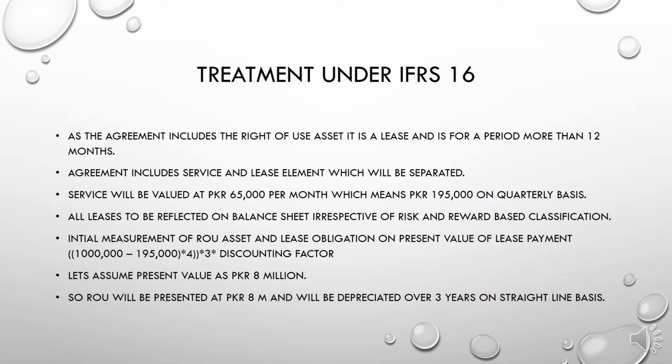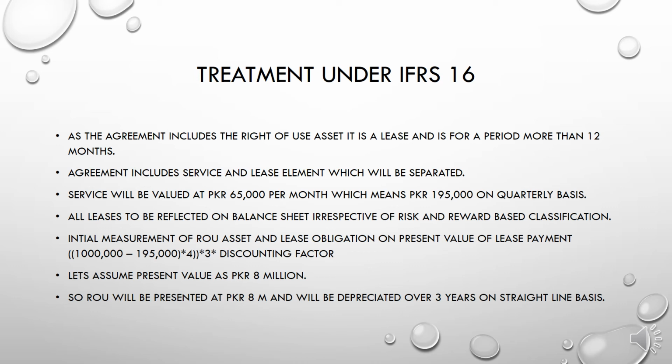So that will be 1 million less 195,000 for services on a quarterly basis, times 4 for 1 year, times 3 for the 3-year lease term, and then multiplied by the discounting factor to calculate the present value. Let's assume that the present value is PKR 8 million, so the asset will be booked initially at 8 million and the lease obligation will also be booked at 8 million.